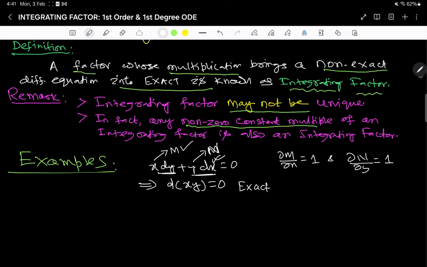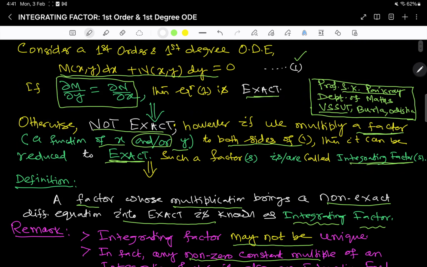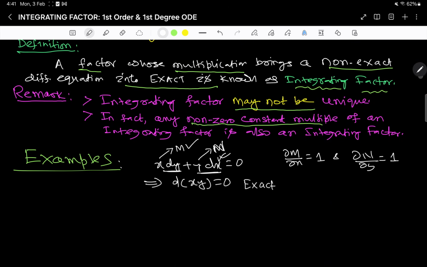Now if we think of del M by del y, basically if I write it as y dx plus x dy is equal to 0, now this is M and this is N. What will happen to my del M by del y? Del M by del y is here 1.